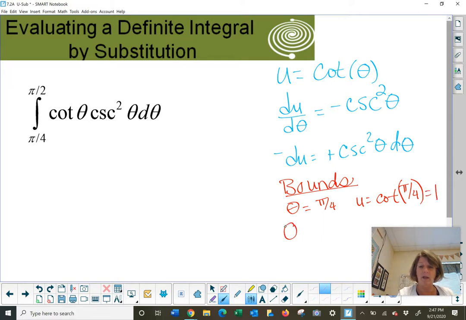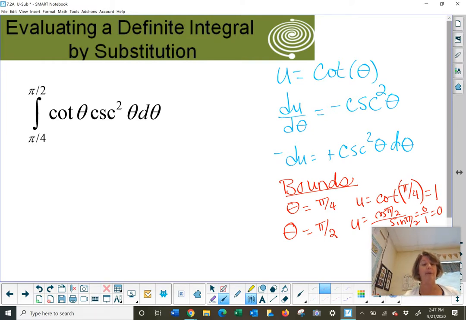And then when theta is pi over 2, u would equal cosine of pi over 2 divided by sine of pi over 2, which is 0 over 1, which is 0. Oh, these bounds are tricky. Okay, let's do our substitution. Very carefully, pi over 4 converts to 1. Pi over 2 converts to 0.